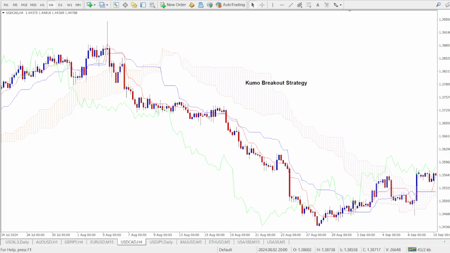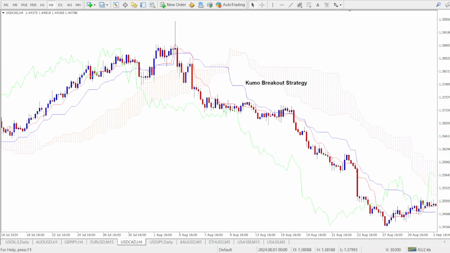You will notice that whenever the orange line is above, the hatched area is also orange in color, and whenever the gray line is above, the hatched area is also gray in color. Basically, whenever price is above that cloud, we usually see the orange line on top, and whenever price is below, we usually see the gray line on top.